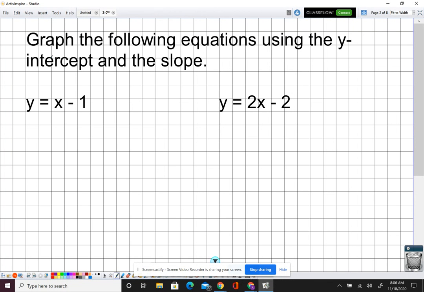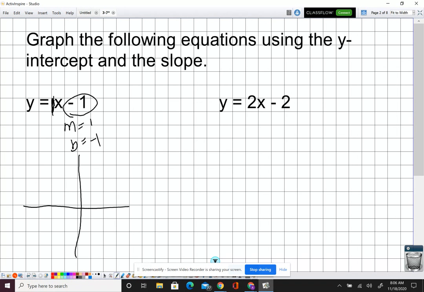Okay, so this equation is already solved for y. We know that the slope, even though we don't see it, is that implied 1 out in front of that x. That's our slope. So our slope is 1, and our y-intercept is this number back here, -1.